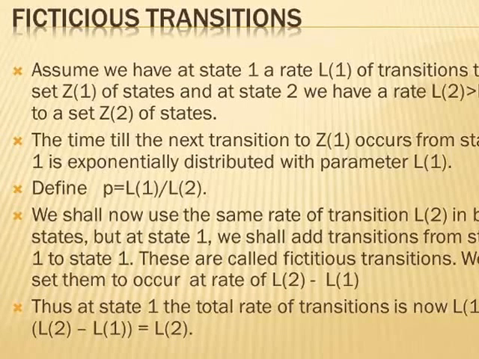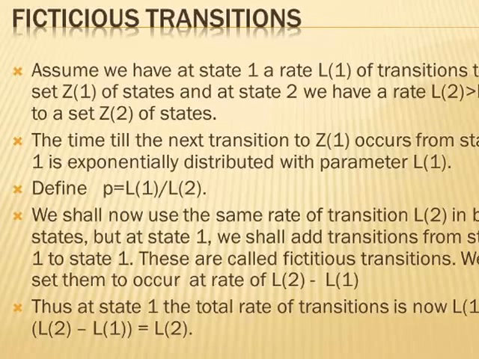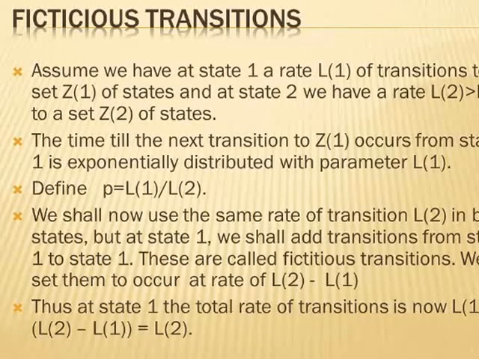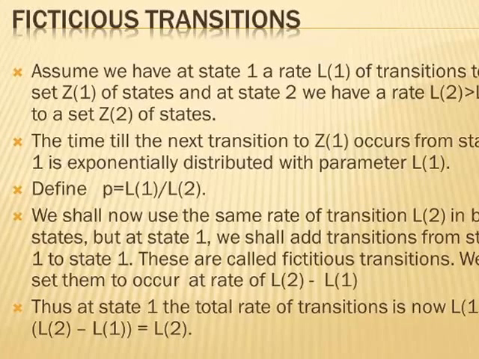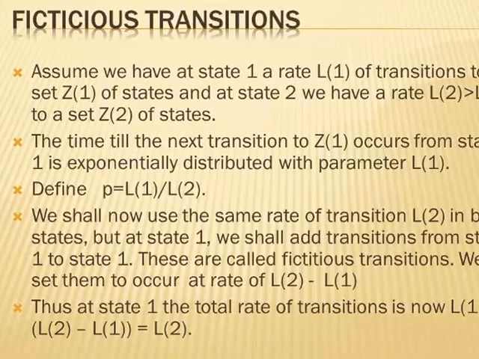The time till the next transition to Z1 from state 1 occurs according to an exponentially distributed random variable with parameter L1. And we wish to change this to L2, which is larger. So first define P as the ratio between L1 and L2. So P is smaller than 1, it's some probability.